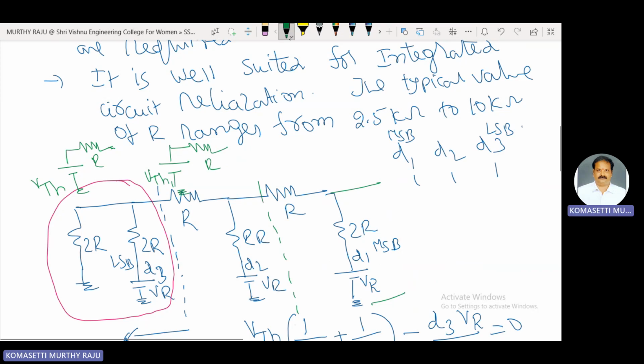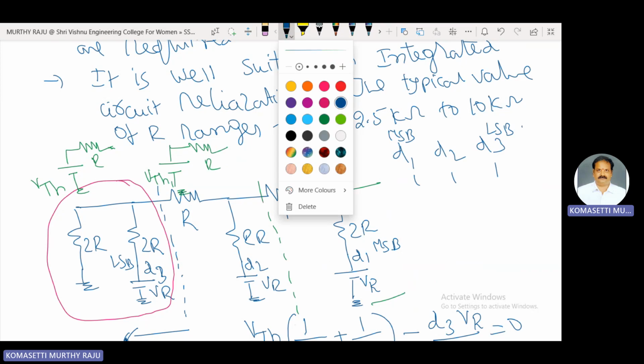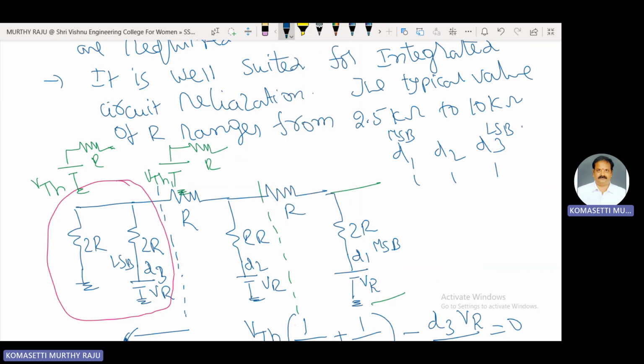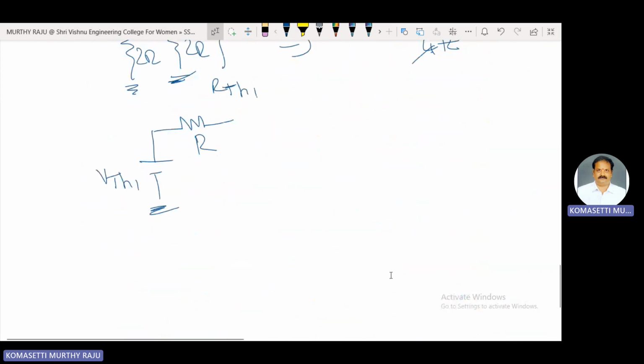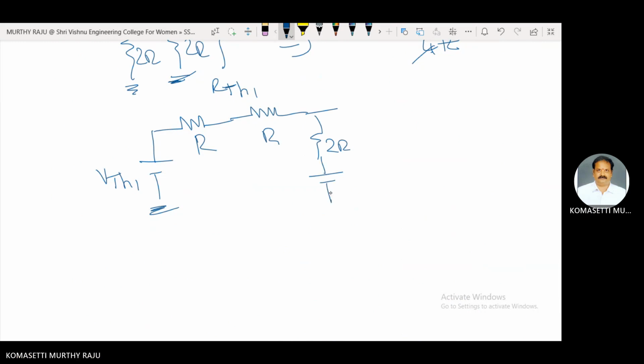The remaining one is also connected to that VTH1 in series with R network. That is R, 2R, D1 into VR.